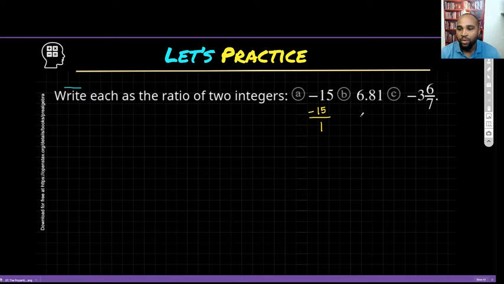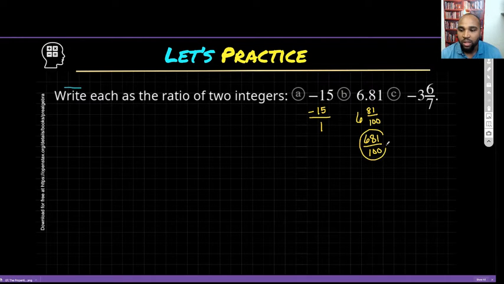This can be written as a rational number because this is the same thing as 6 and 81 over 100. But this is not a ratio yet, because I need an integer on top and bottom, and I have a whole number here. So to get that, we're going to do 6 times 100 is 600 plus 81 gives us 681 over 100.